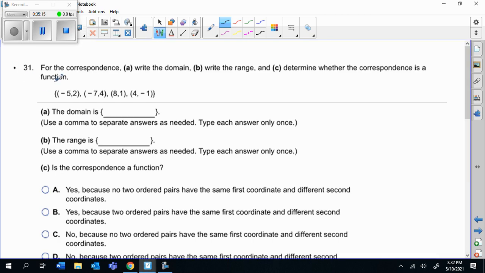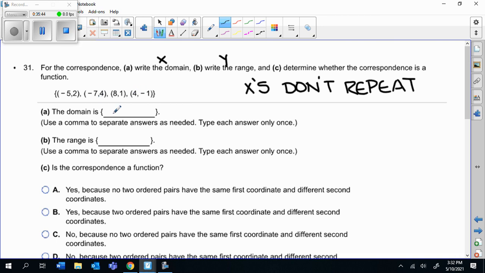31. The domain is the x's, the range is the y's, and it is a function only. Oops, I almost said the wrong word there. X's don't repeat. So as I look at my coordinates, I see all different x's: -5, -7, 8, and 4.